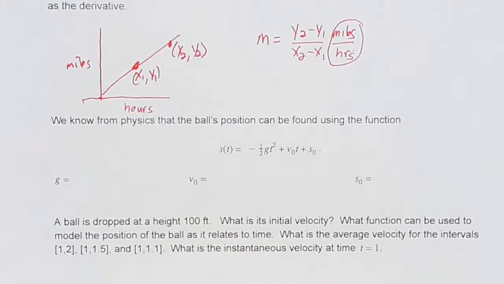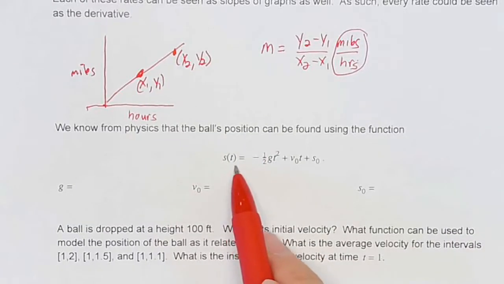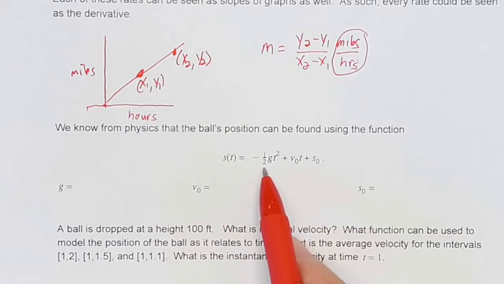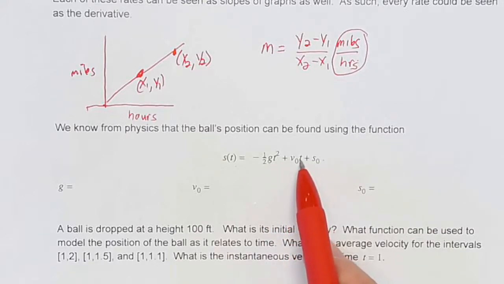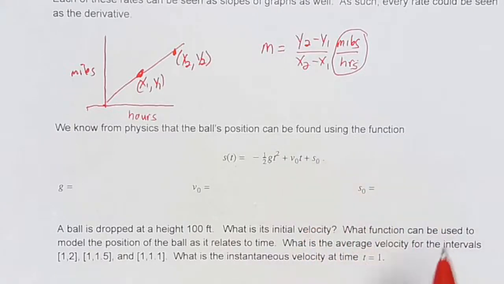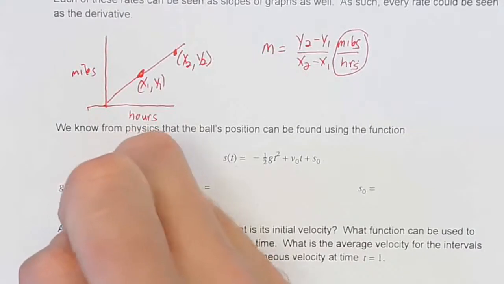When we're talking about physics and the height of an object in motion that's been thrown, using gravity to think about when it will come back and hit the ground, we get this function. The position of the thing is -1/2 times the acceleration due to gravity, times t squared, plus the initial velocity at which you throw it, times t, plus s of 0, the initial height.